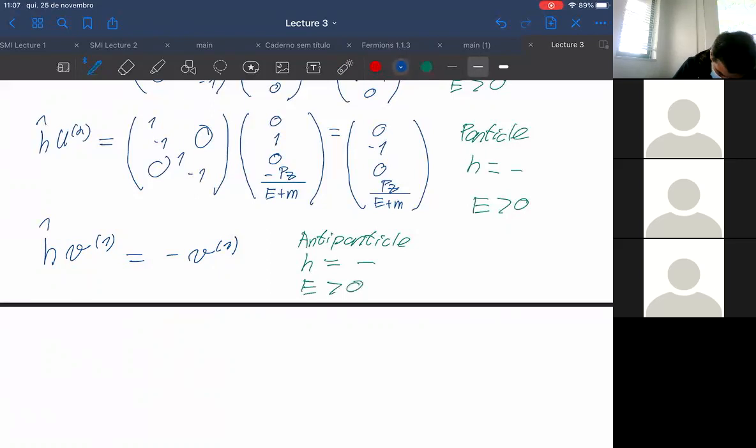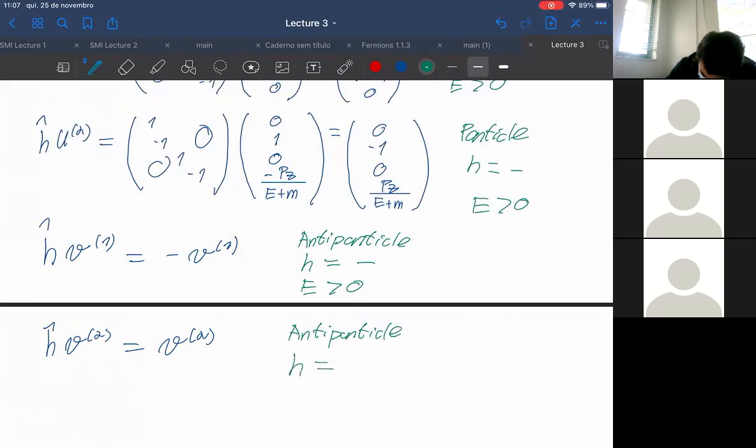And finally, H V2 is going to be positive, so V2. And once again, this is an antiparticle, H is positive and E positive as well, so a positive energy solution.